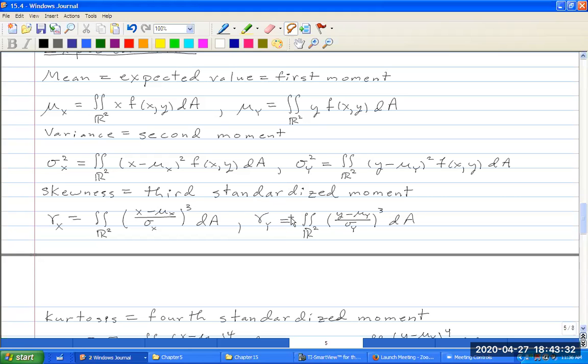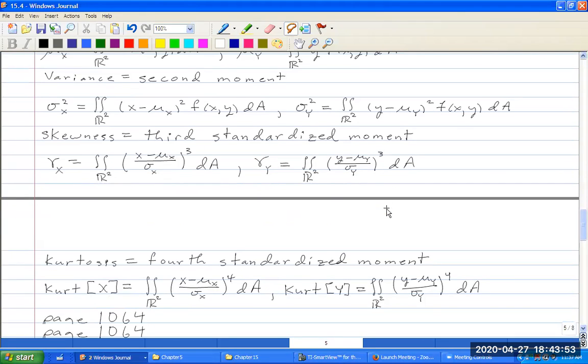Gamma sub y is the integral of y minus mu sub y over sigma sub y, cubed. Again, it's just z cubed, the standardized random variable for y cubed.